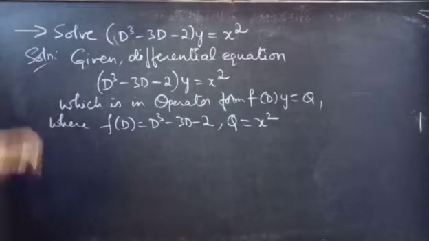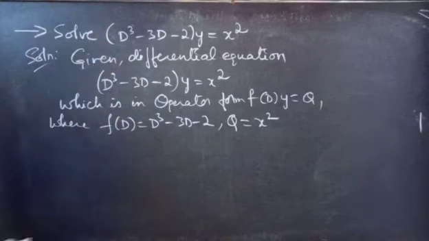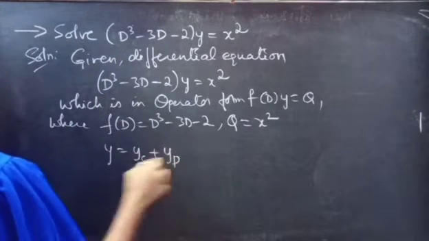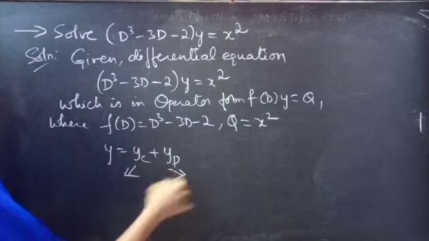Now we need to find the general solution to the given equation, given by y equals yc plus yp. Here yc is the complementary function, yp is the particular integral.